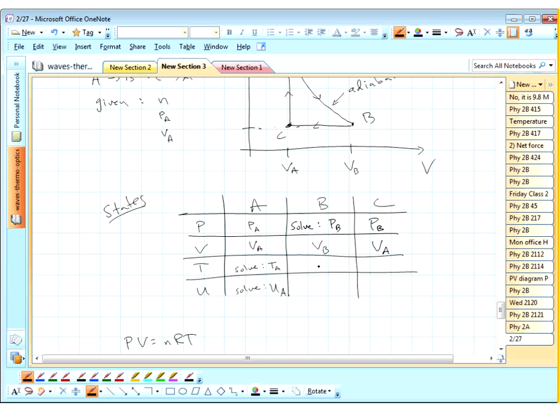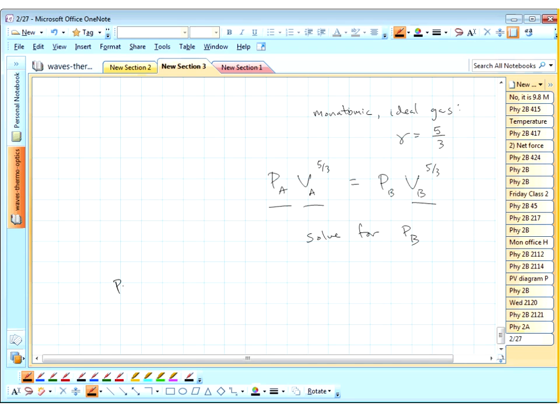So now we know two of the three things for B. We can use PV equals nRT to solve for the temperature. And once we have the temperatures, we can solve for the internal energies. And then once we have this table filled in, we can make the table for the process steps.